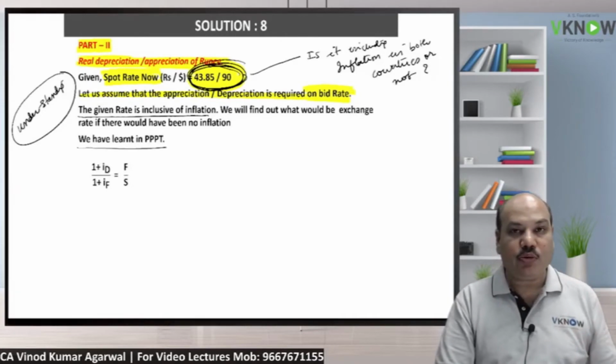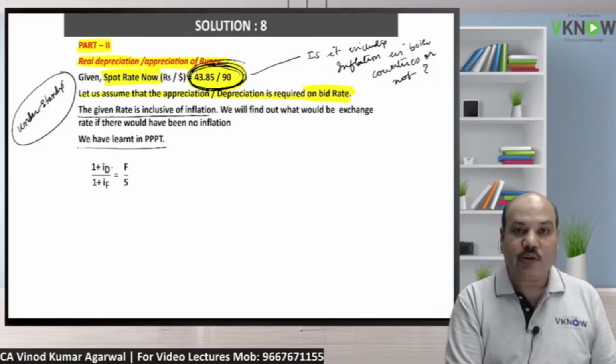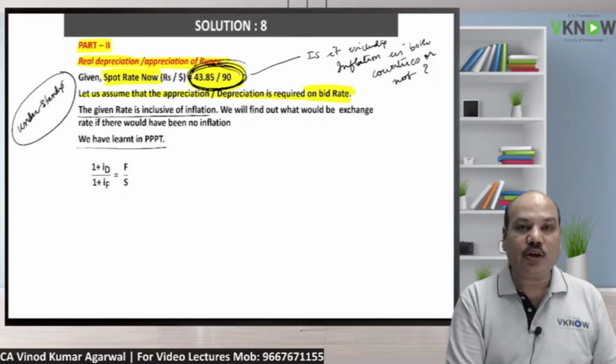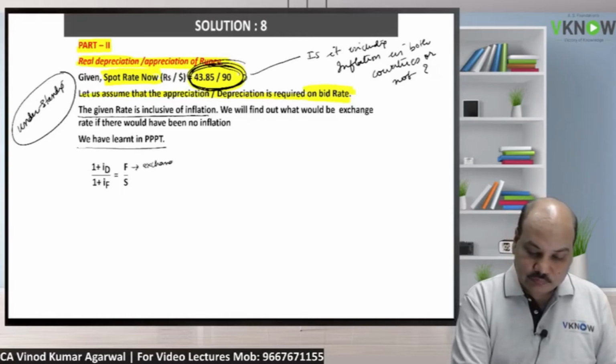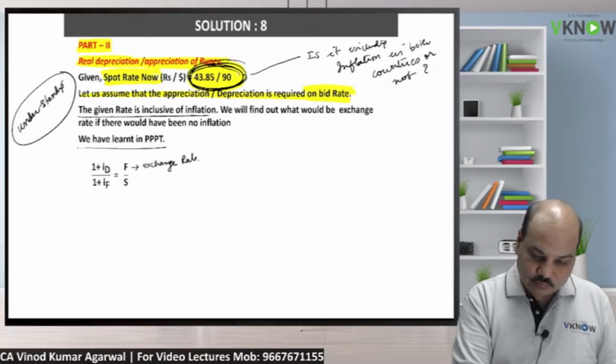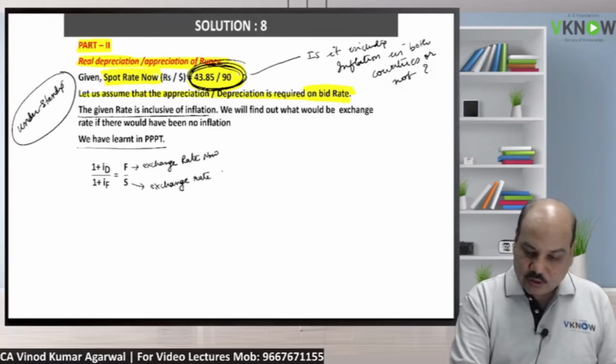What is the formula you have learned? 1 plus inflation in domestic country upon 1 plus inflation in foreign country equal to F by S. F means exchange rate now and S means exchange rate 1 year ago.